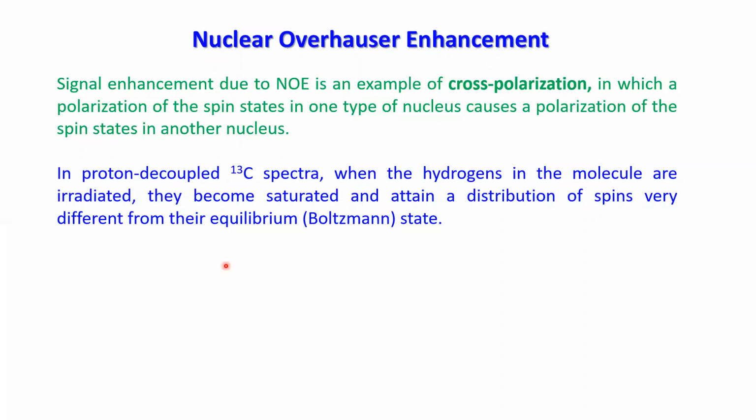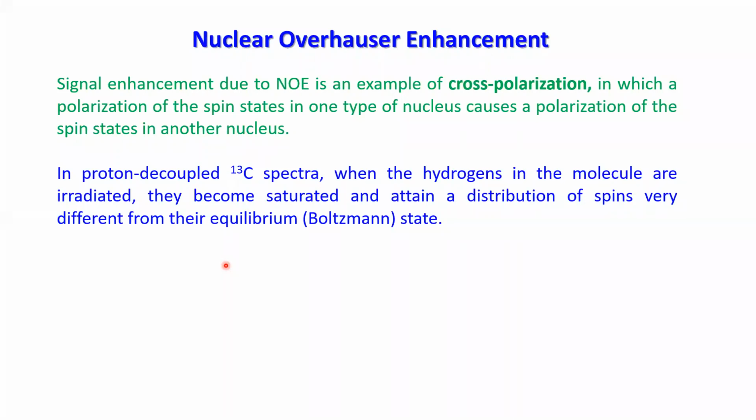Before irradiation, you have a certain distribution of spin states: some nuclei have plus half, some have minus half. When you irradiate quickly to saturate, nuclei from the lower spin state, the ground energy state, jump to the higher energy state to have the same number of nuclei in the two states.